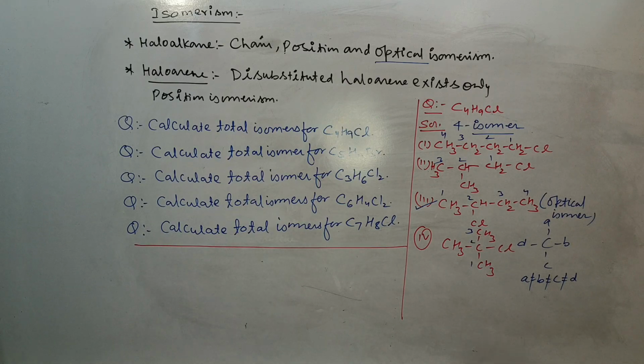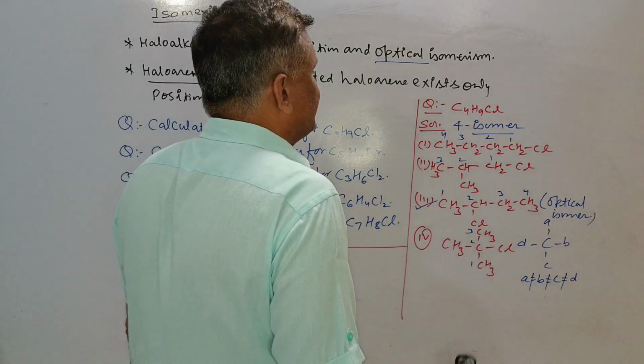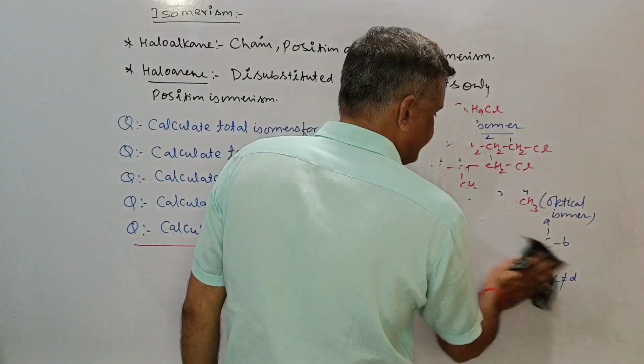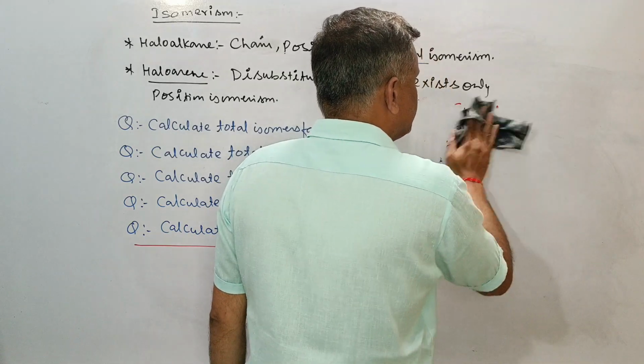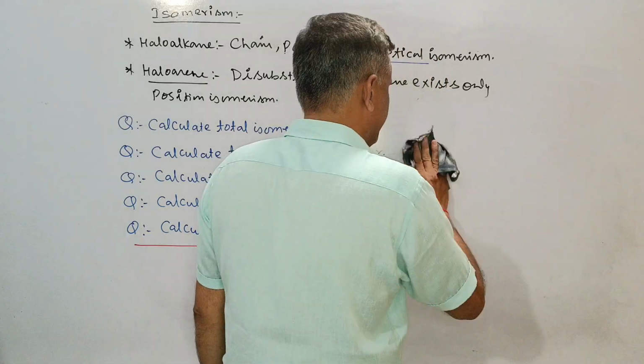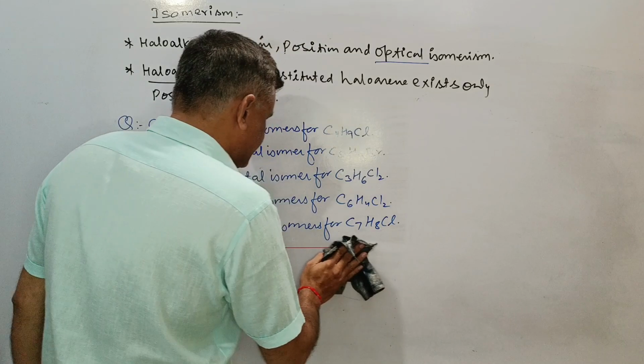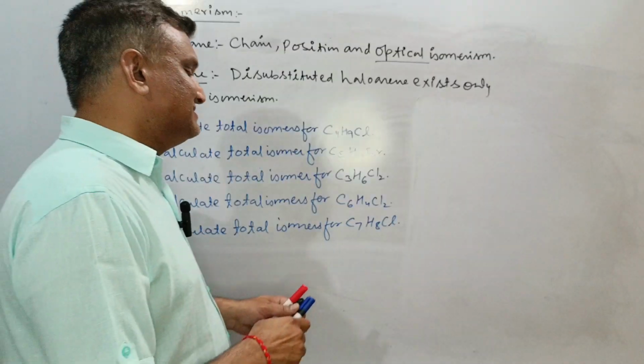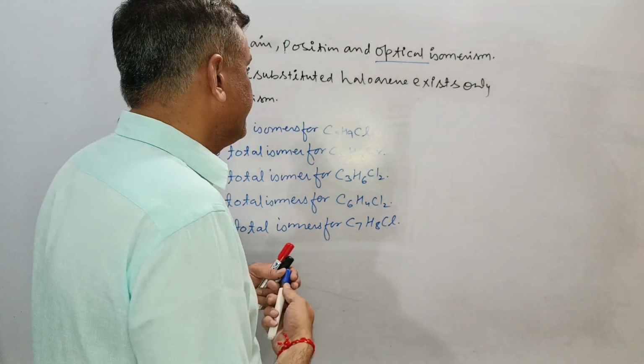Now I would like to go with the second question, C5H11Br. It's also a very important question because it is from NCERT, and I will discuss it syllabus to syllabus, not just less than but more than also.